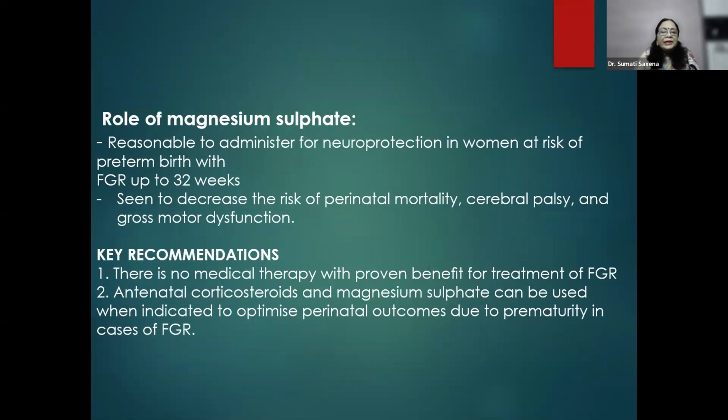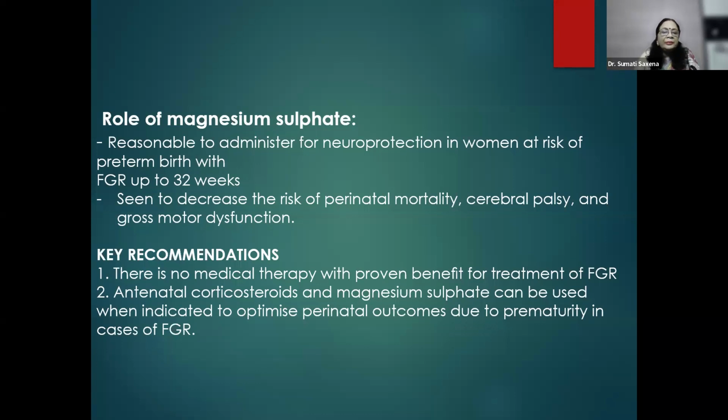Then, the role of magnesium sulfate. It is reasonable to administer it for neuroprotection in women at risk of preterm delivery with FGR up to 32 weeks, and it is seen to decrease the risk of perinatal morbidity and mortality, cerebral palsy, and gross motor dysfunction.